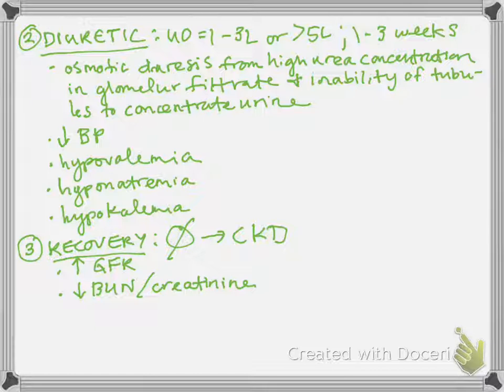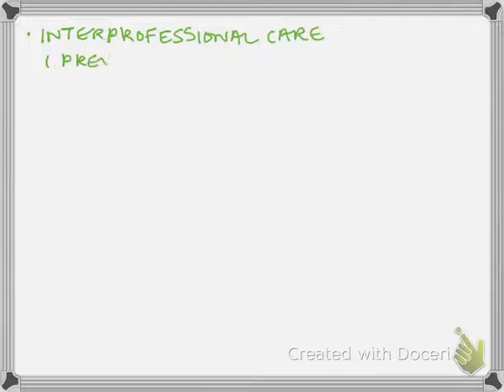According to your book for interprofessional care for acute kidney injury, we have a few goals. Our first goal is always prevention: identifying patients who may be at risk or receiving nephrotoxic drugs, patients who may be dehydrated, patients who could possibly have a urinary tract obstruction.